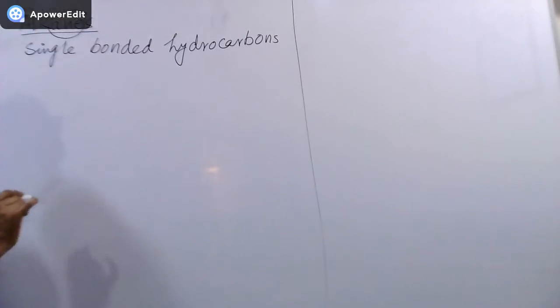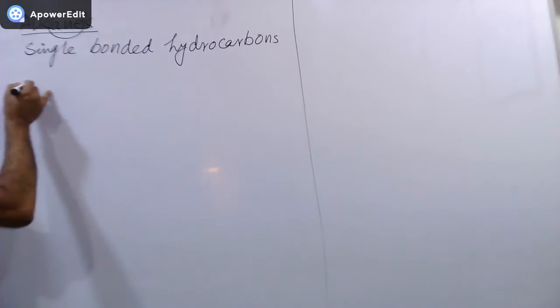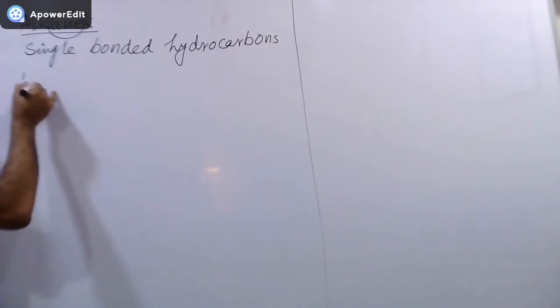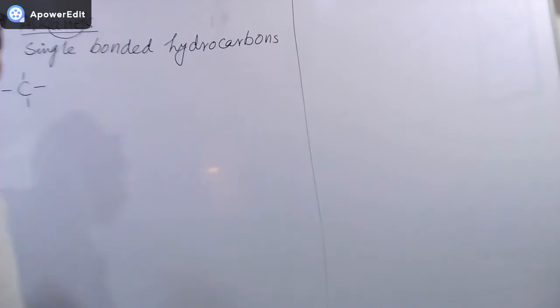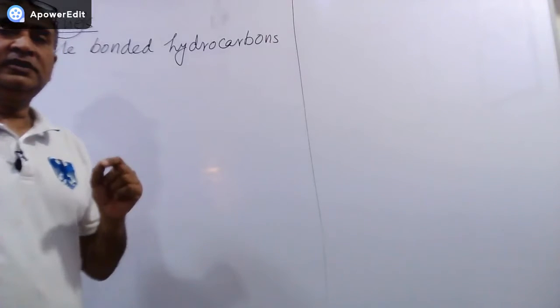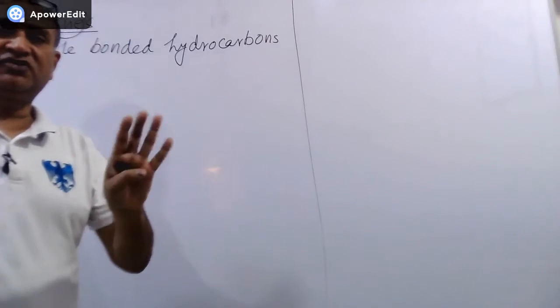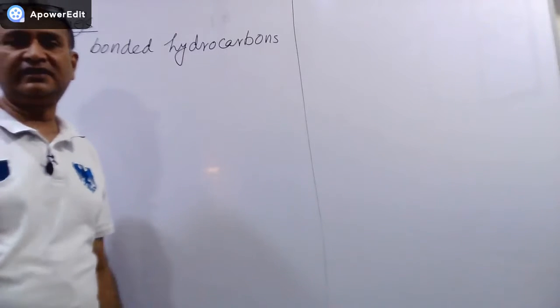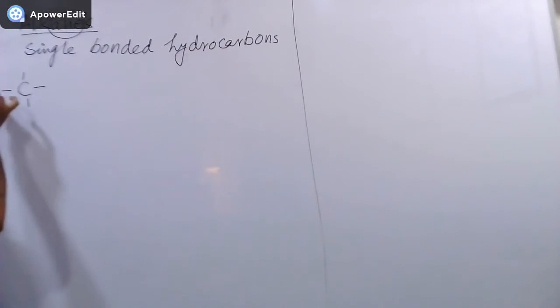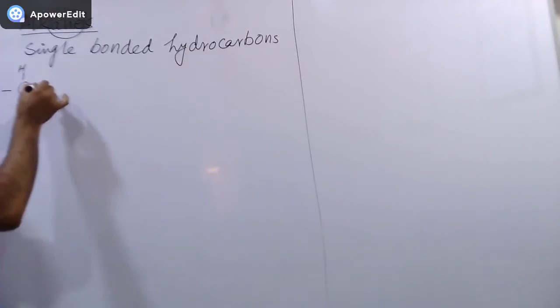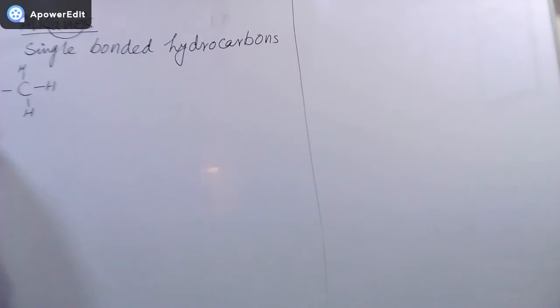So the first member of this series is CH4. Suppose we have one carbon, 4 valencies. As I told you earlier, each carbon should be surrounded by 4 dashes, which represent their valencies. Since it is a hydrocarbon, we should write H over here. So how many carbons do we have here? 1.